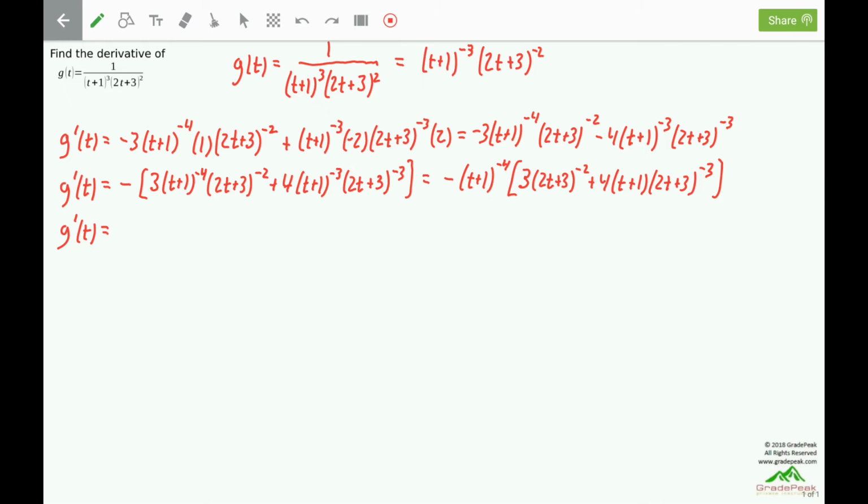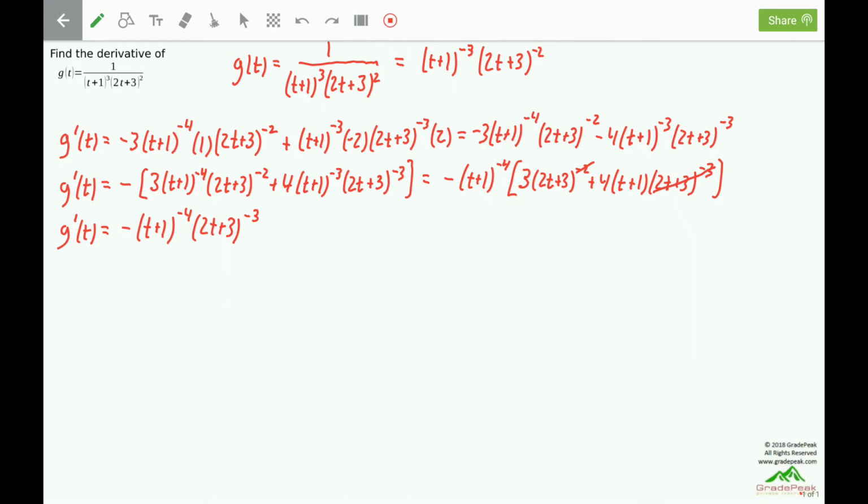So g prime of t will be a negative. We have a t plus 1 to the negative 4. And now we're going to factor out a 2t plus 3 to the lower power, which is the negative 3 power. Now when we factor that out, remember that we're subtracting a negative 3, which means we're adding a 3. Now, if you add a 3 to the negative 2, you'll get a 1, and you'll be left with one of those there.